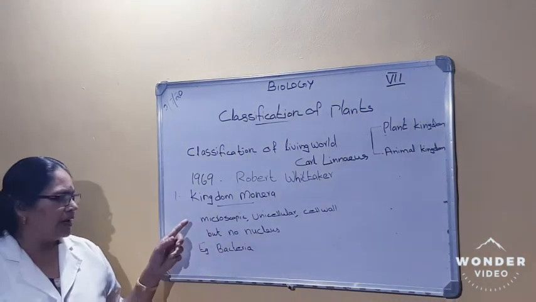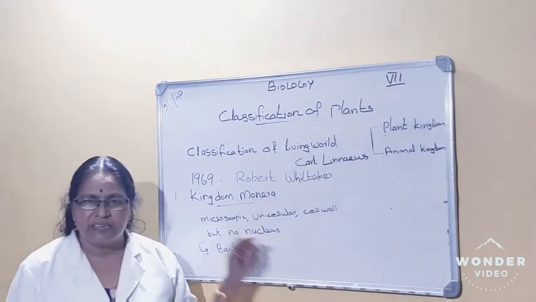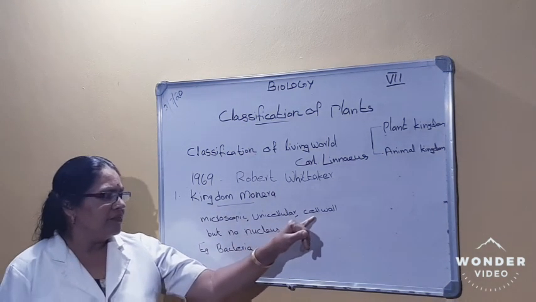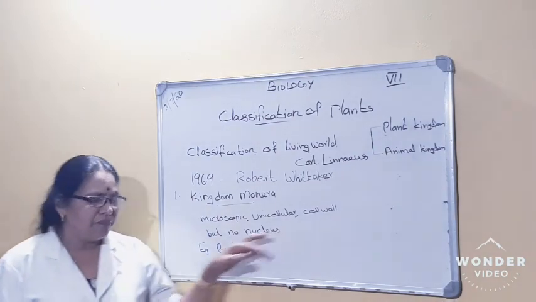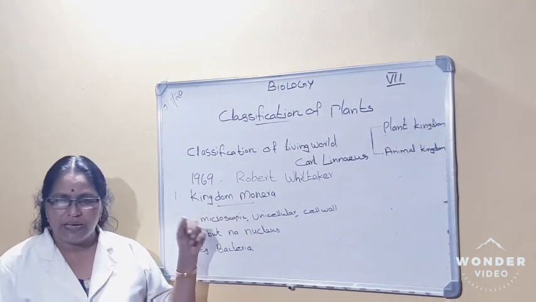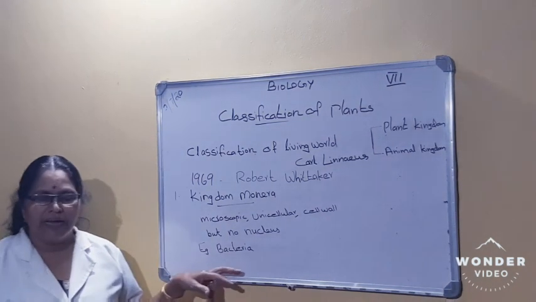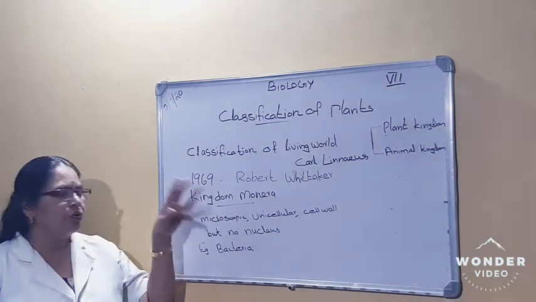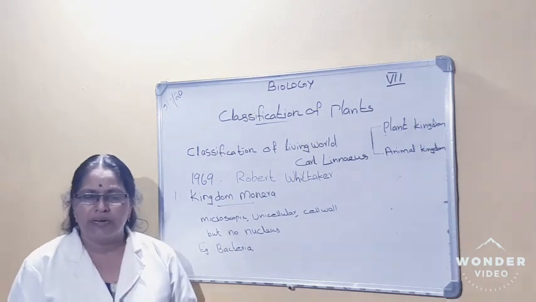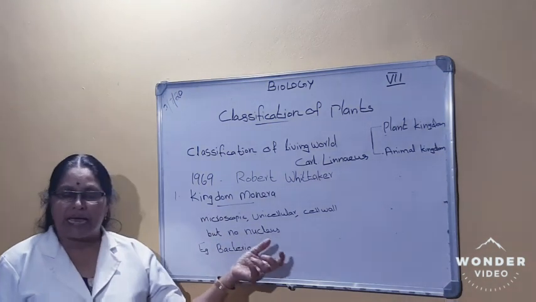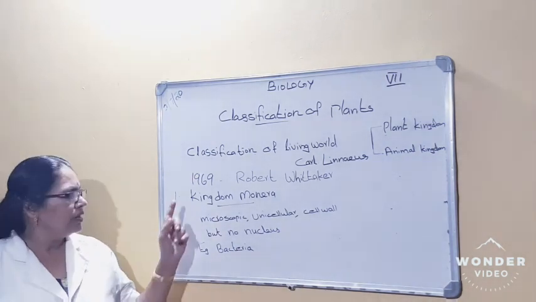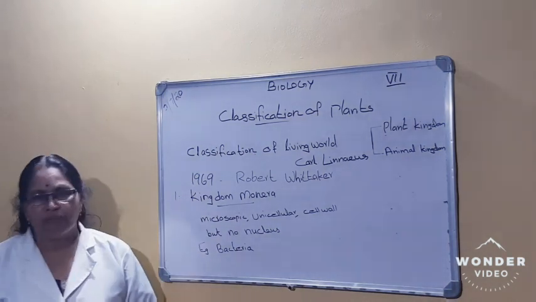So, the organisms that come under this group are microscopic, unicellular, with a cell wall but have no definite nucleus. Example, bacteria. Bacteria belong to Kingdom Monera. So, in each case you have to learn the characteristics and 1 or 2 examples. That is about Kingdom Monera.